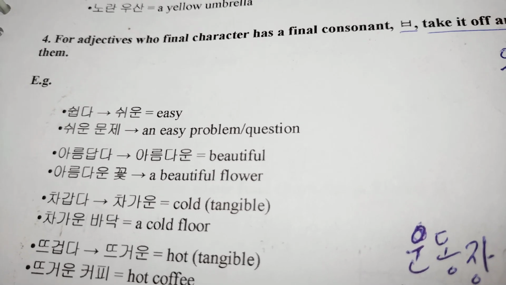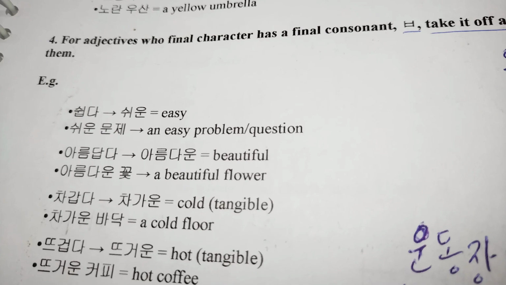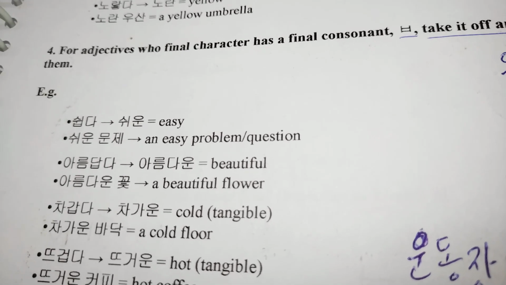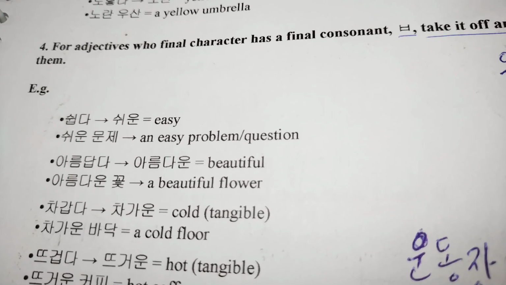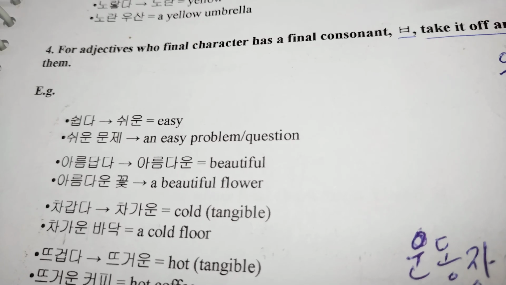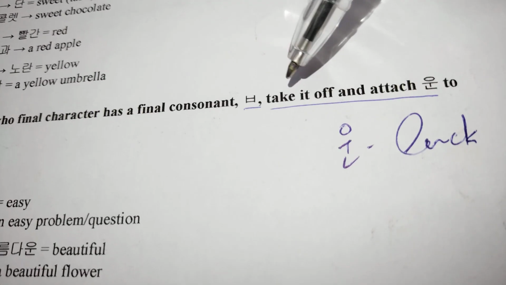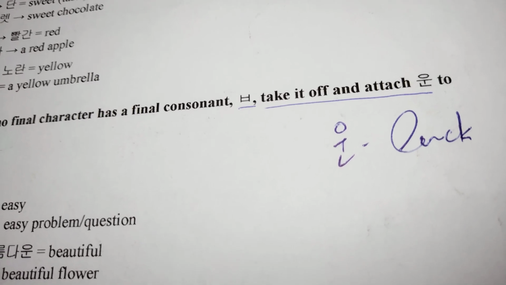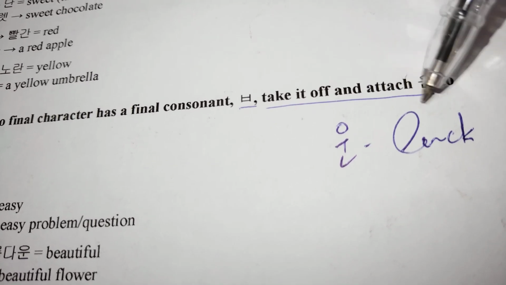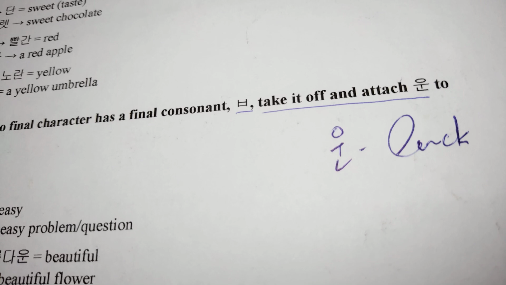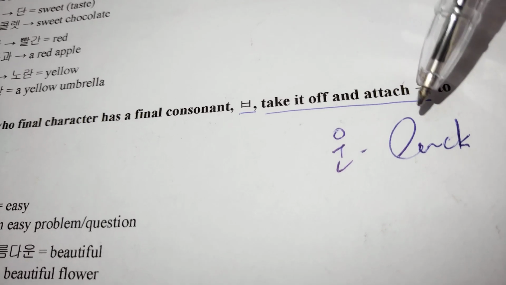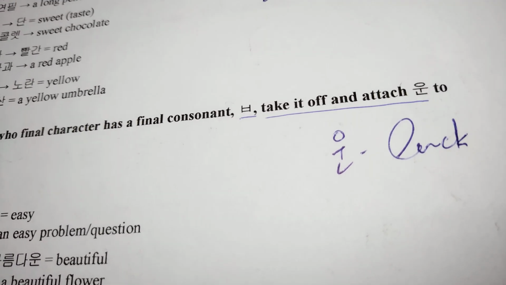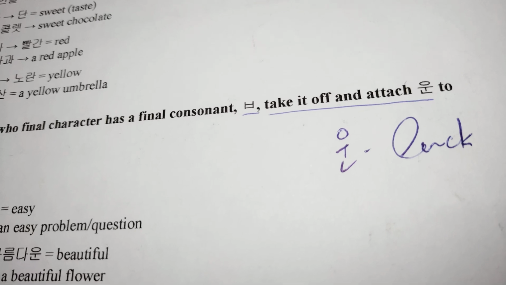Our next conjugation rule: if you have a beep as bachim, what you would do is take it off, and in the place of the da you took off in the beginning, you would add an un. Un can mean luck, but that's when un comes alone as a word.